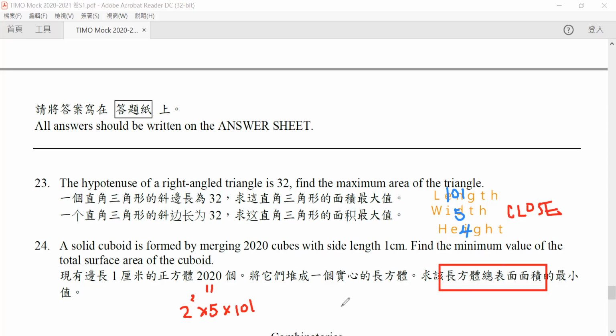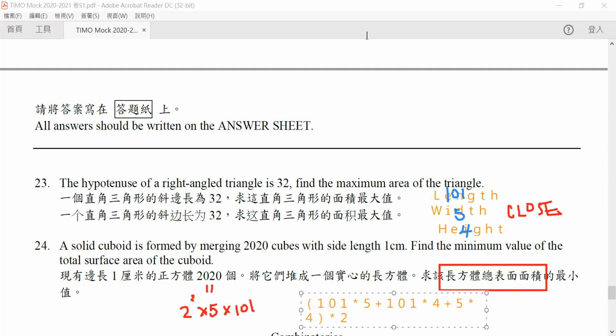So the surface area would be equal to 101 times 5 plus 101 times 4 plus 5 times 4, and then multiplied by 2, right?